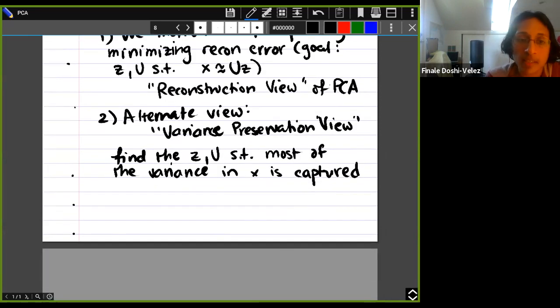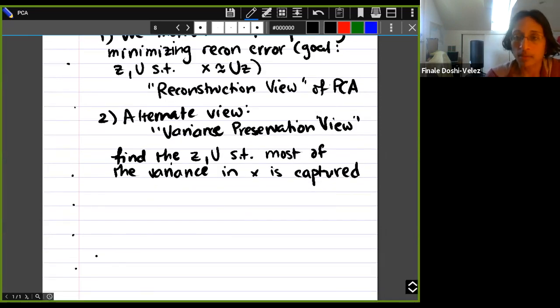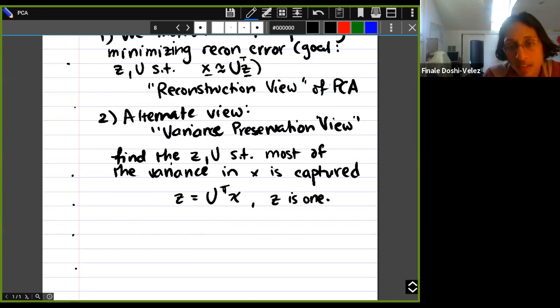so we can see that this loss ends up being the same as the thing that we've just spent most of the class trying to solve for. So let's suppose that Z is equal to U transpose X. I'm going to make this one dimensional, just to be able to write this out in a really simple way.